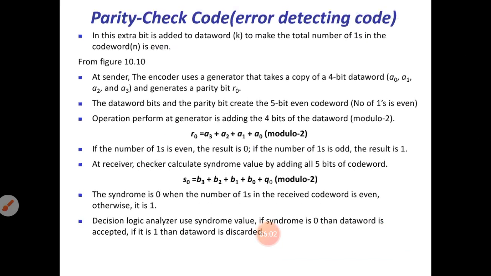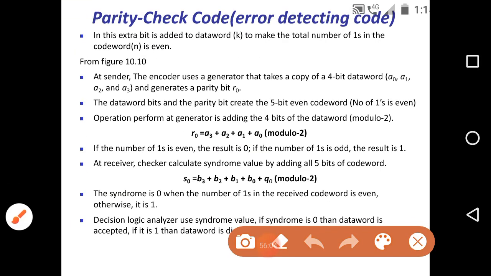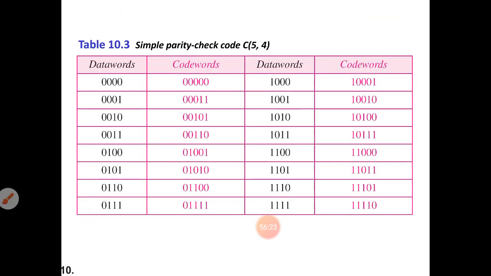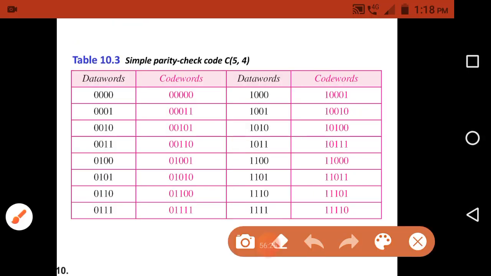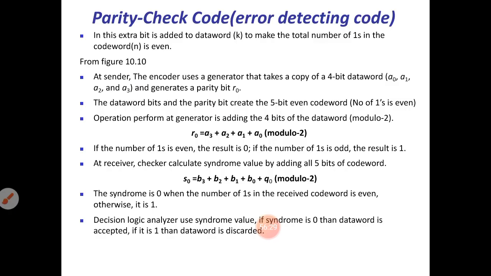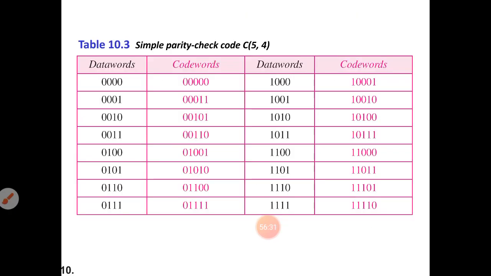If that remainder, or the result, is 1, it indicates that the number of ones in the data word is odd. If the remainder is 0, the number of ones in that data word is even. How? You can take this particular example.